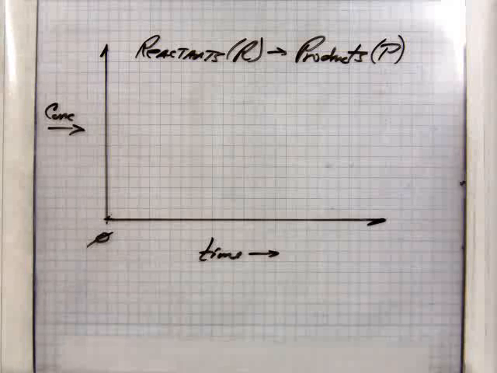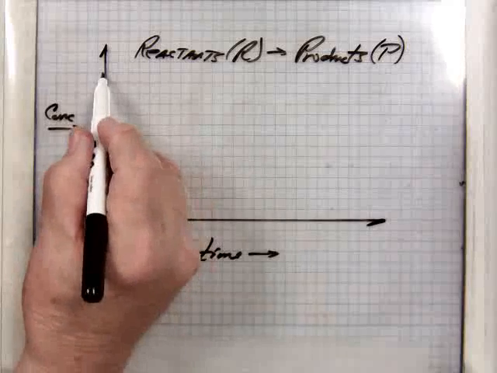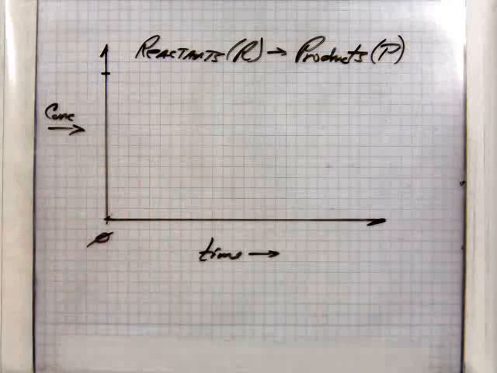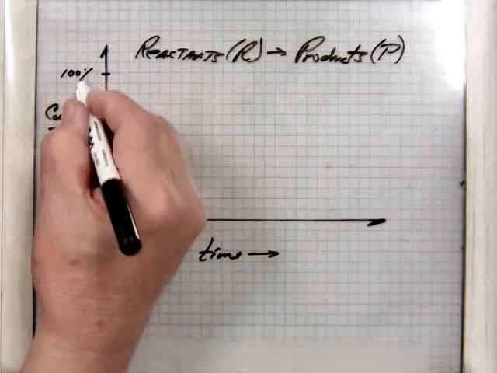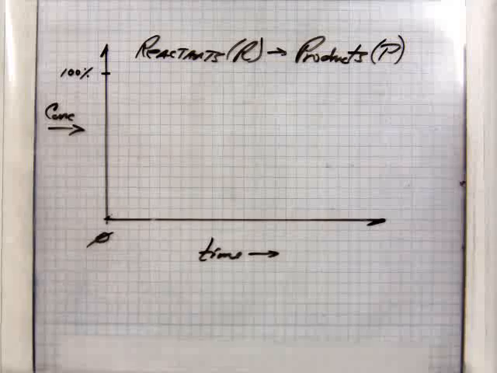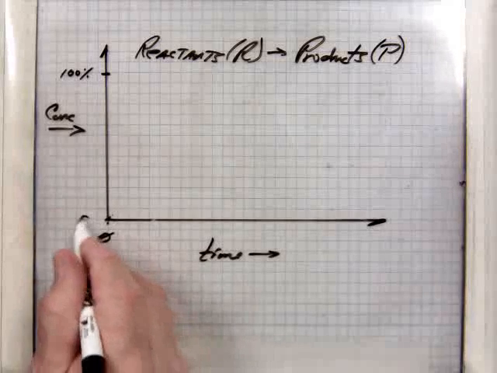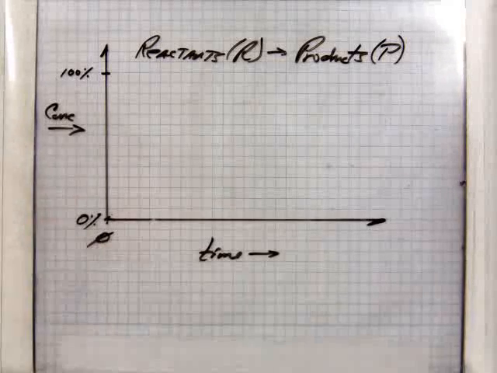So at the outset of the reaction to products, we have 100% reactants and 0% concentration of products.